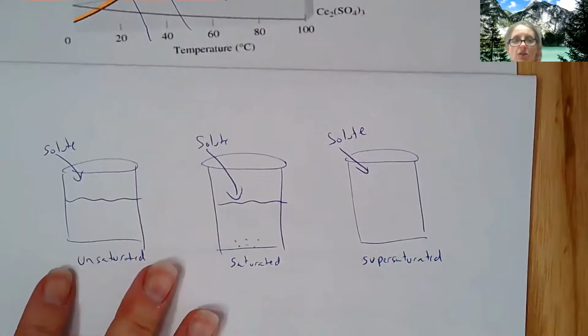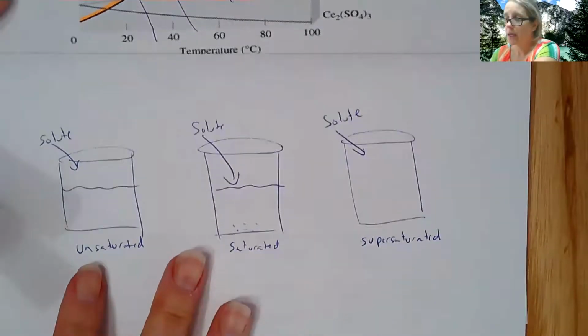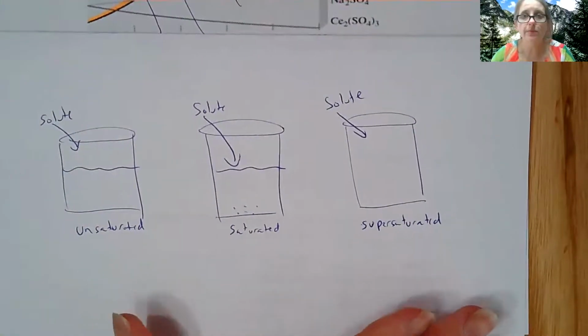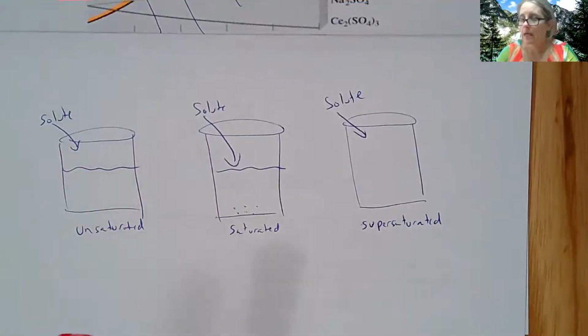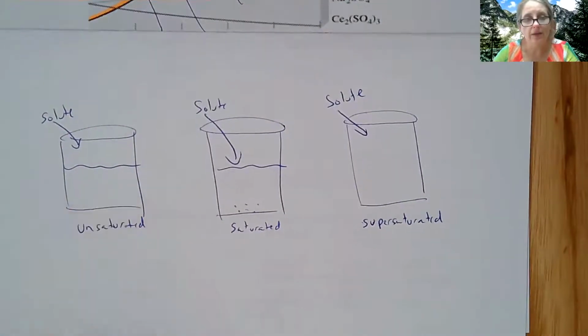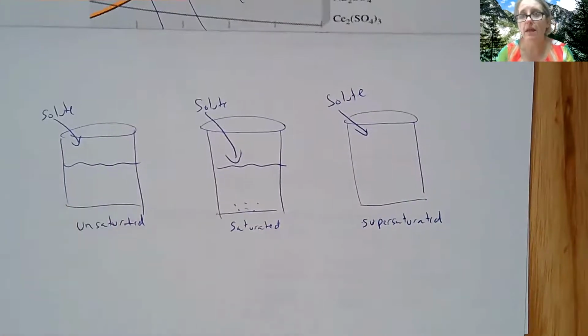So to finish up this idea of saturated and unsaturated, the only way you could tell a solution is one of these is by actually interacting with the solution. So if you want to draw three beakers underneath the graph that we were just looking at: if I drop a solute into an unsaturated solution and I stir it up, I will see that the solid dissolves.